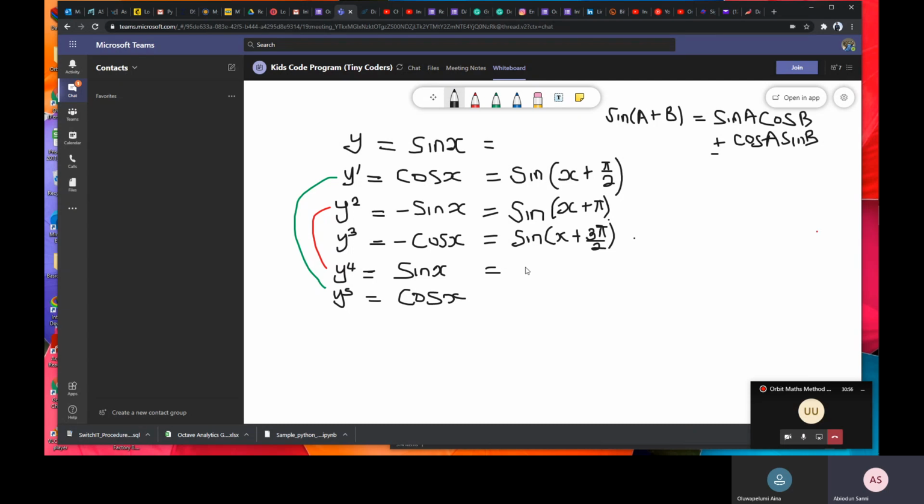At the fourth derivative, it moves another pi over 2. That will be sine of x plus 2 pi at this point. And at the next one, it moves another pi over 2. That's sine of x plus 5 pi over 2.